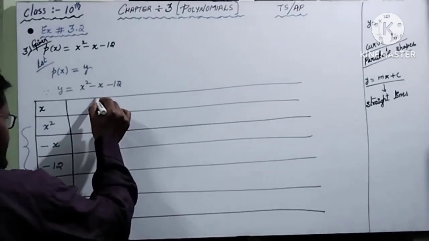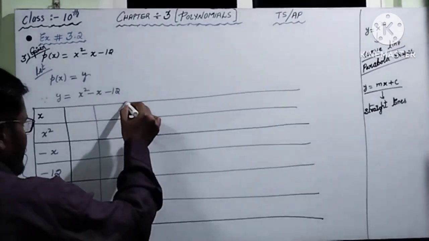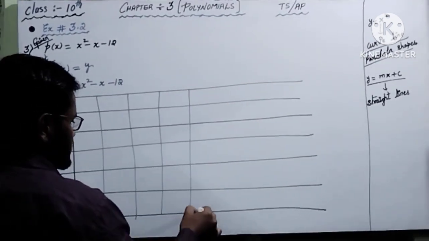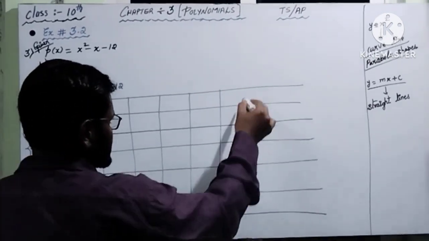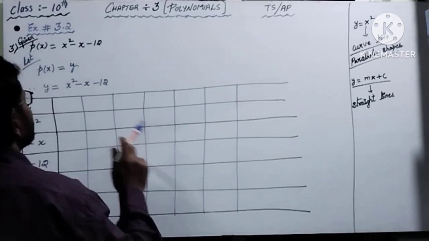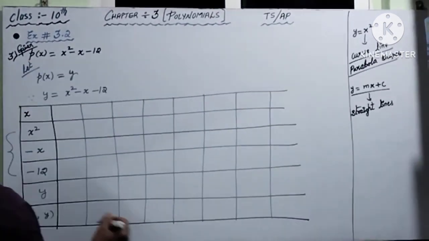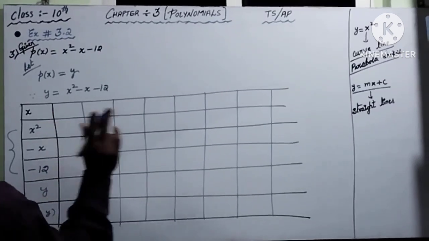In the x-axis, take these values only. What are those? See those values? Those are x values.